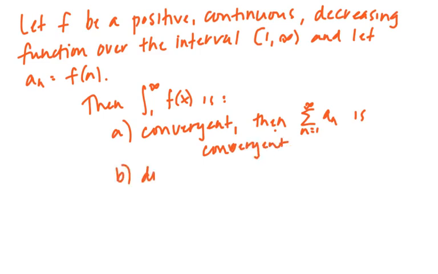And B, if it's divergent, then the sum from n equals 1 to infinity of a n is divergent.